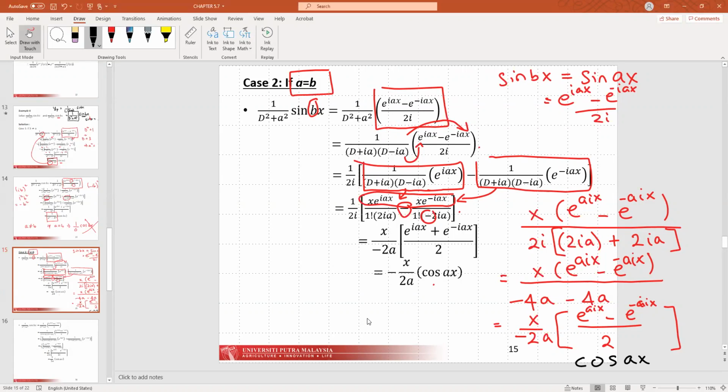Doktor, mana dapat 2ia? Okay, so awak evaluate yang ni guna exponential shifts. Evaluate yang ni, this guy, yang ni dalam ni. Sekejap, salah arrow. Okay. Yang ni.